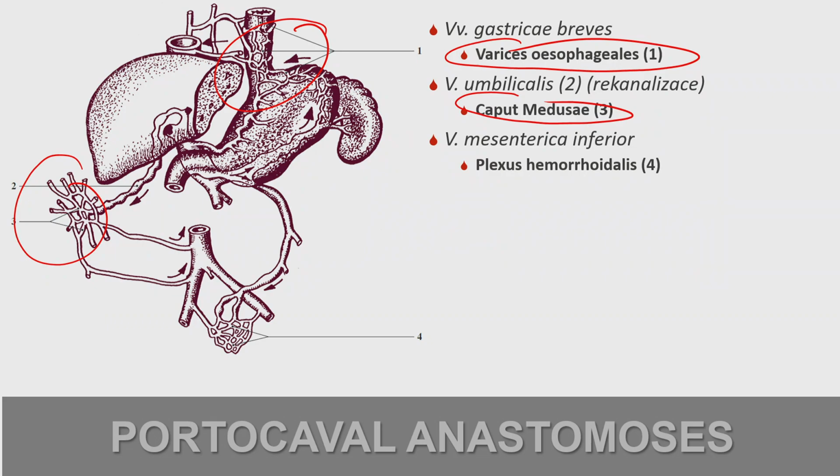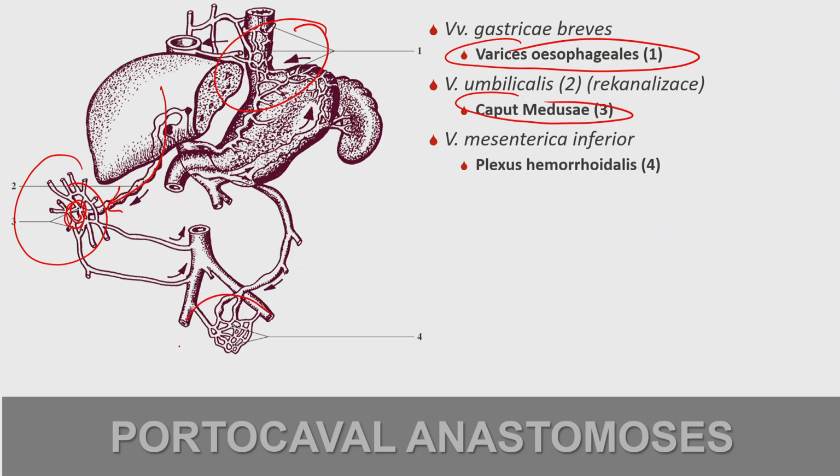It looks like a head with snakes seen on the abdominal wall. Those snakes are enlarged blue veins formed around the umbilical region. This is the case when the umbilical vein is opened again, the ligamentum teres, the round ligament, is reopened, and the blood is flowing backwards.